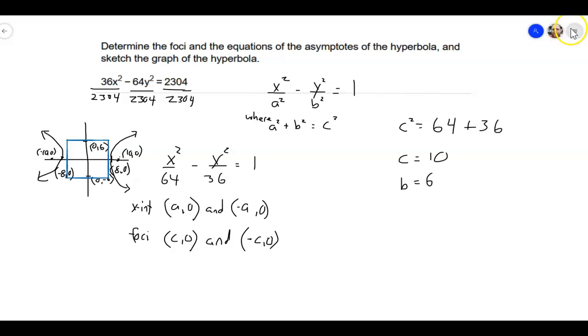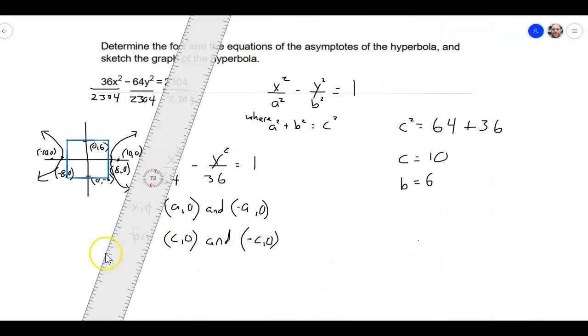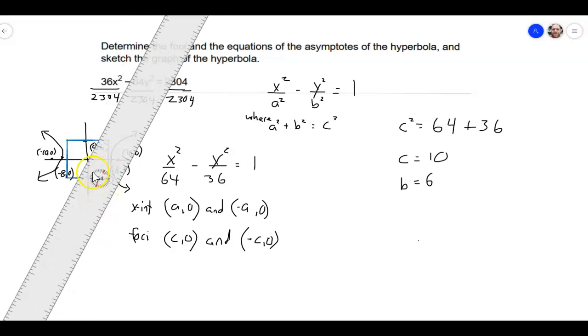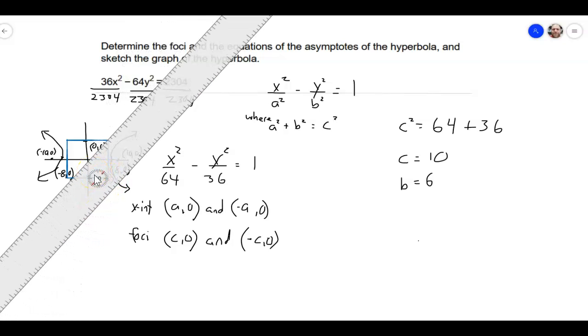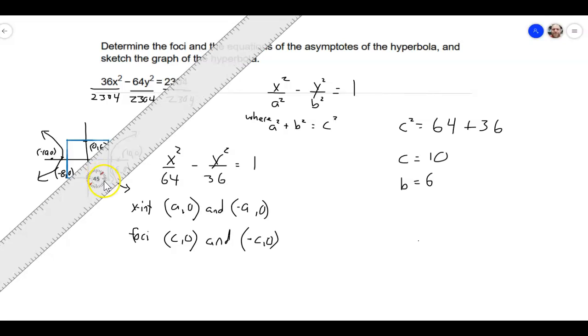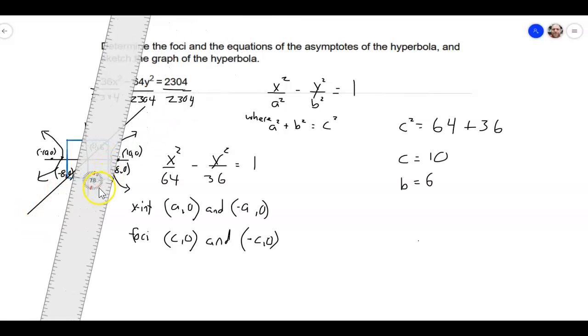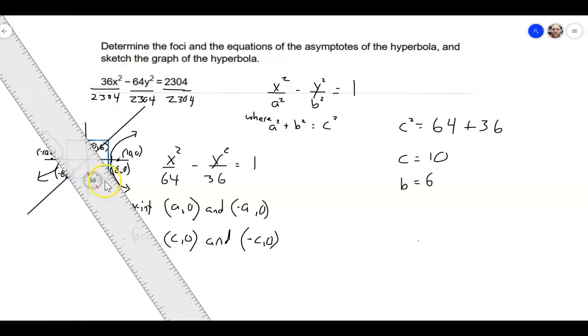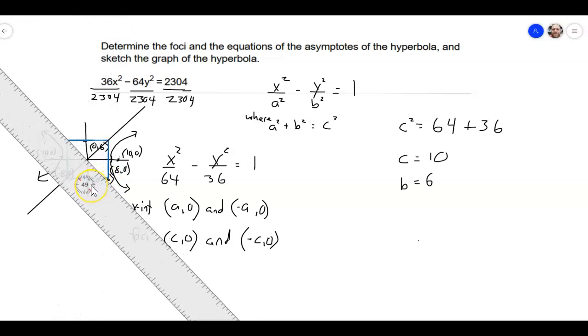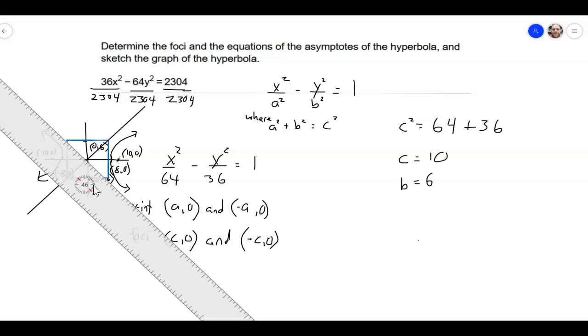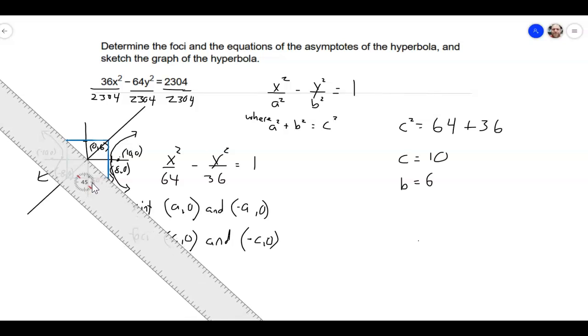So we're going to have one asymptote that's going to look like this, and then another one that is going to look like this.